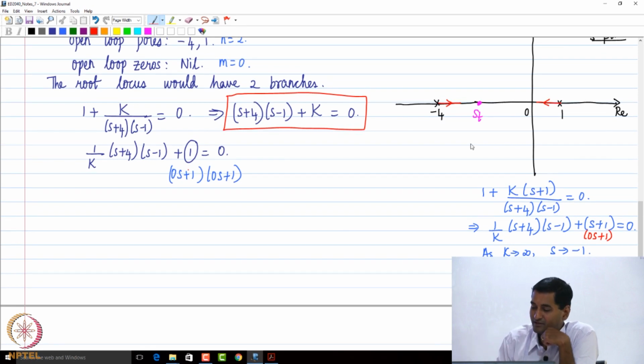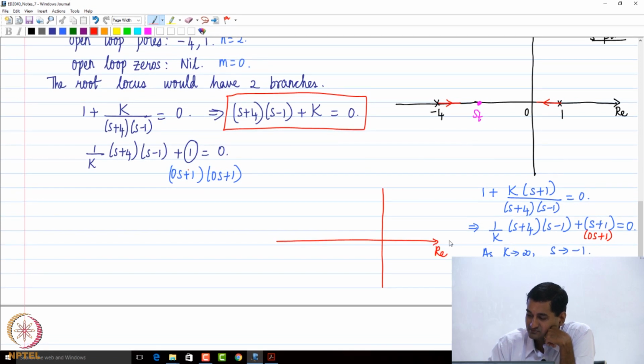Right? Think about it. Let us say, as an aside, I do this. Let us say I had two open loop poles like this, right? And let us say I take a test point like this. The first test point is this way, the second test point is this way, right?